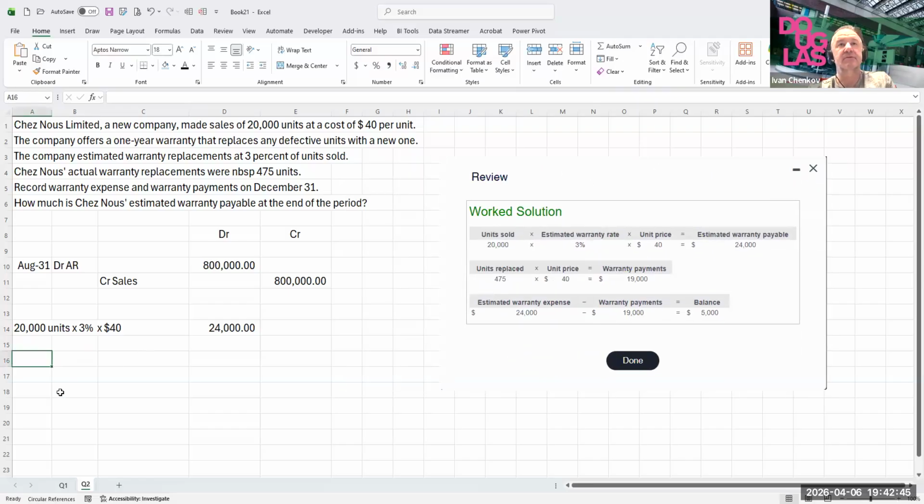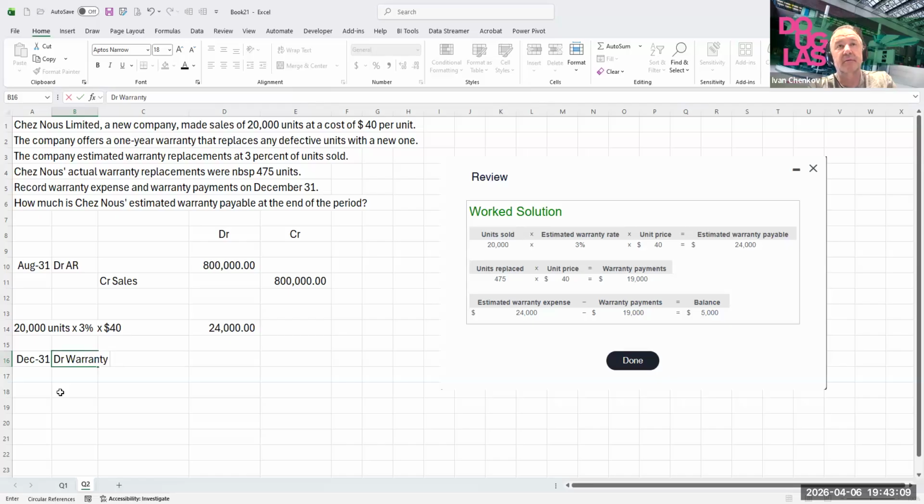So now let's do the journal entry on December 31st. It says the warranty expenses and the warranty payments, everything is done on December 31st to match the periods of the sales, which is the year of sales. So on December 31st, we're going to have a debit to warranty expenses.